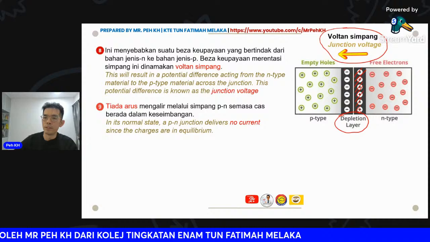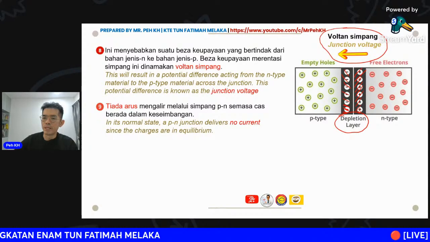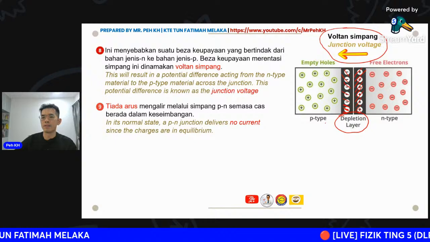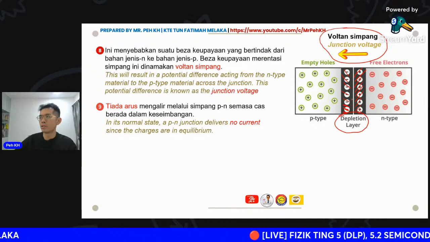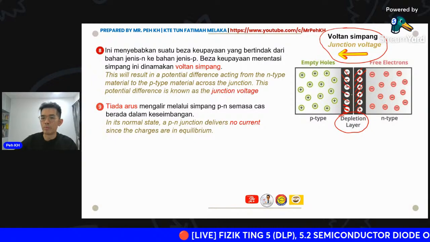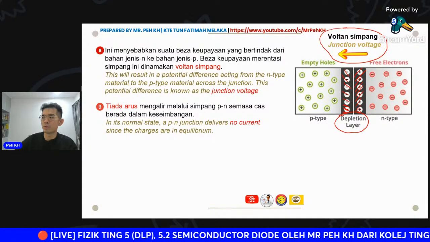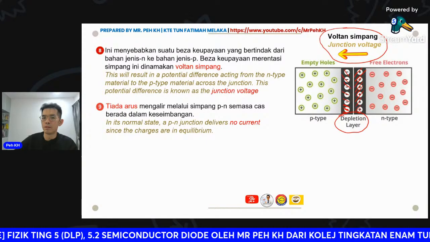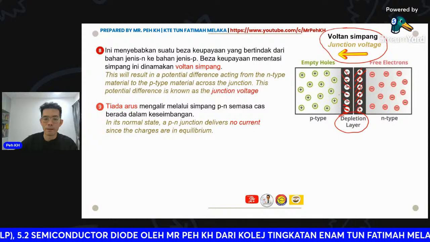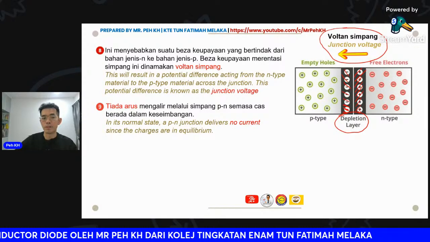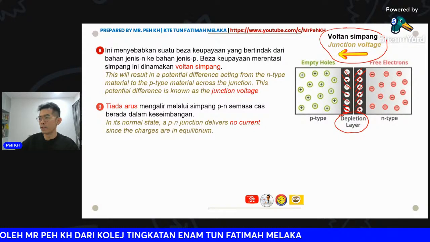Then there will be a negative charge layer just beside the p-type semiconductor. So both these layers will prevent the respective charges or carriers from crossing the junction here. Okay, so the current will not be able to flow since there will be no flow of the carriers here.